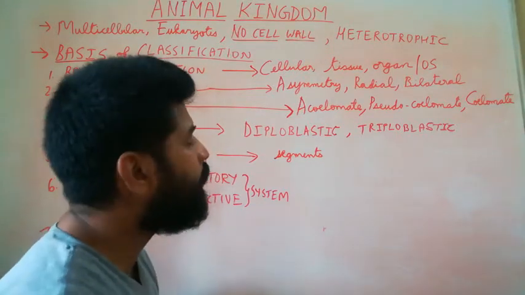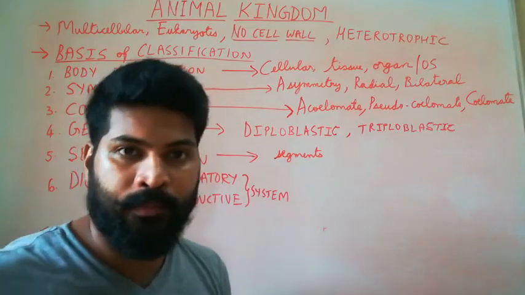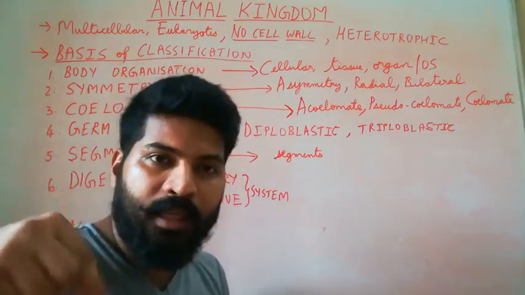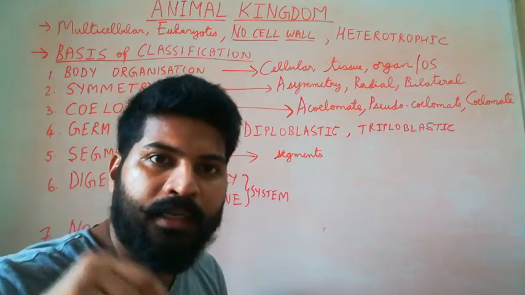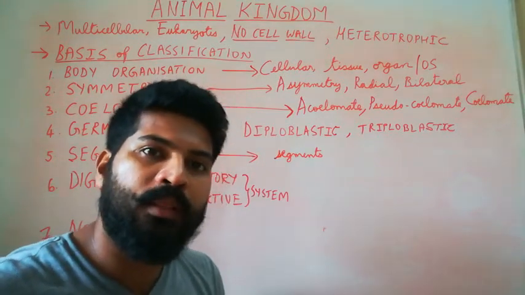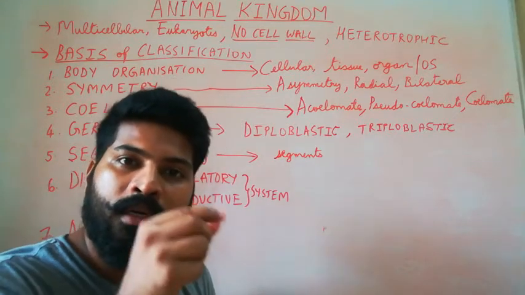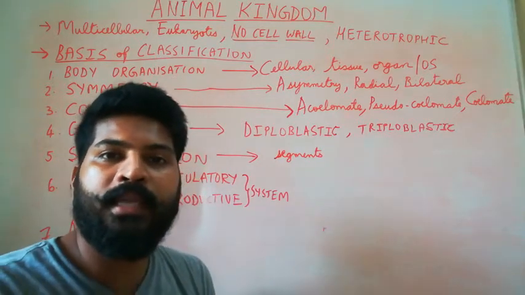For example, take earthworm. If you observe the body of earthworm, externally we can see clear-cut lines on the body of the earthworm. Internally also the body is segmented.